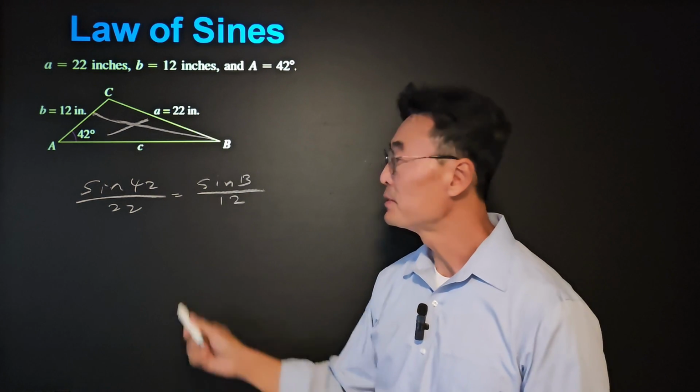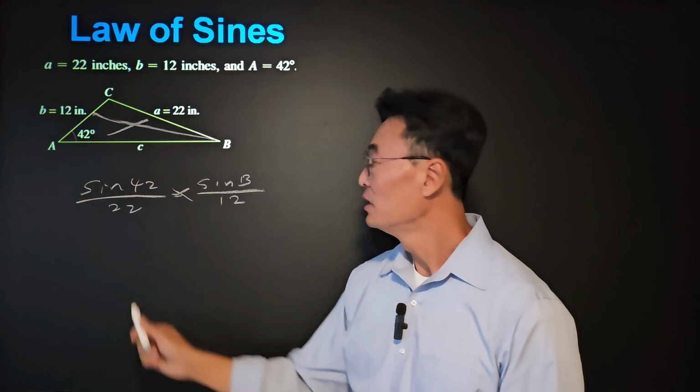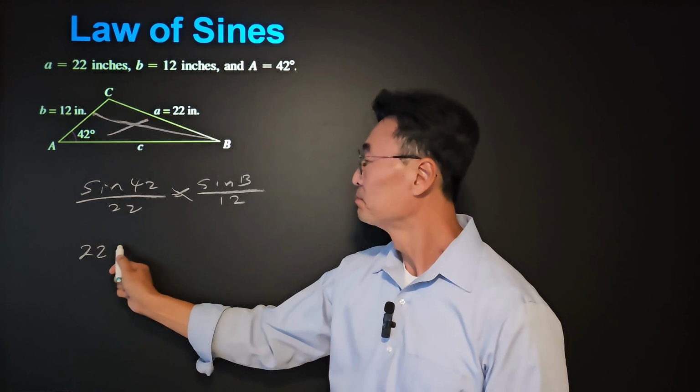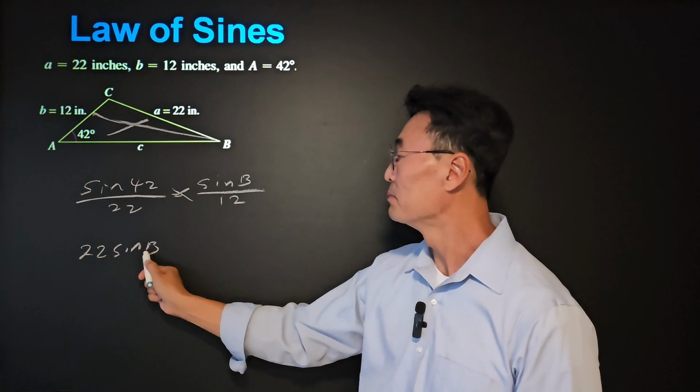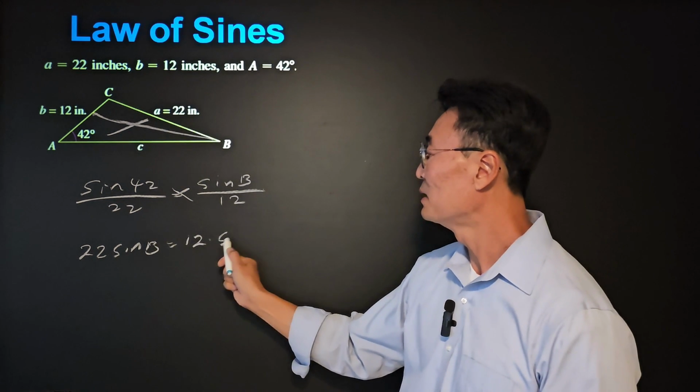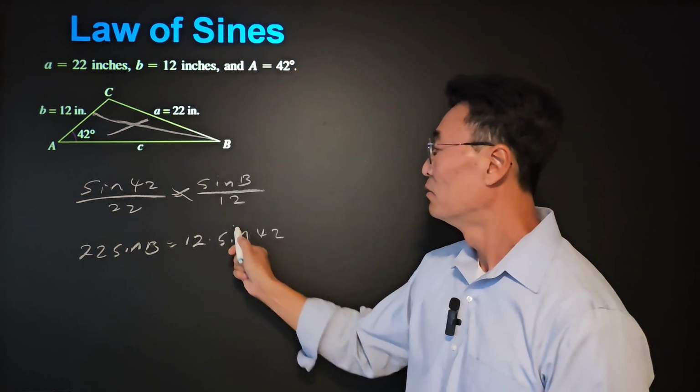Then to solve for sine B, we'll go ahead and cross multiply, where we get 22 sine B equals 12 times sine of 42.